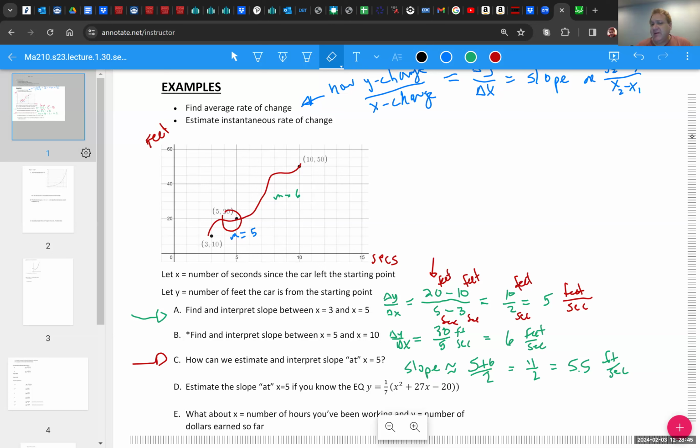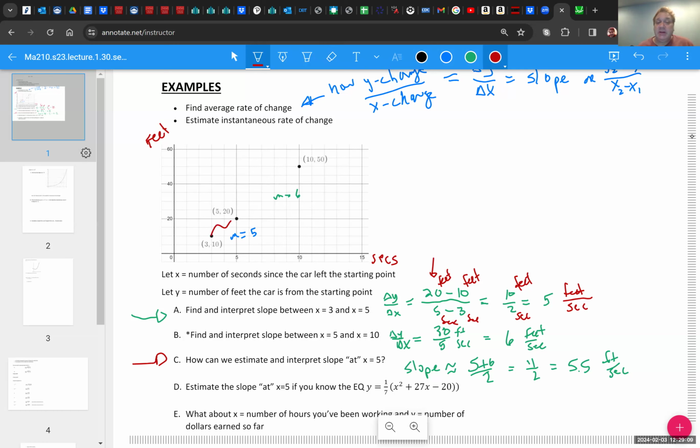All right, let's talk about that subtlety about the slope versus the average rate of change. Slope refers to a constant rate of change. And we know that in this particular graph, there's not a constant rate of change. I don't know if the squiggly line is correct or not, but I do know that there's no constant rate of change between these points. And it may not even be between 3 and 5, right?